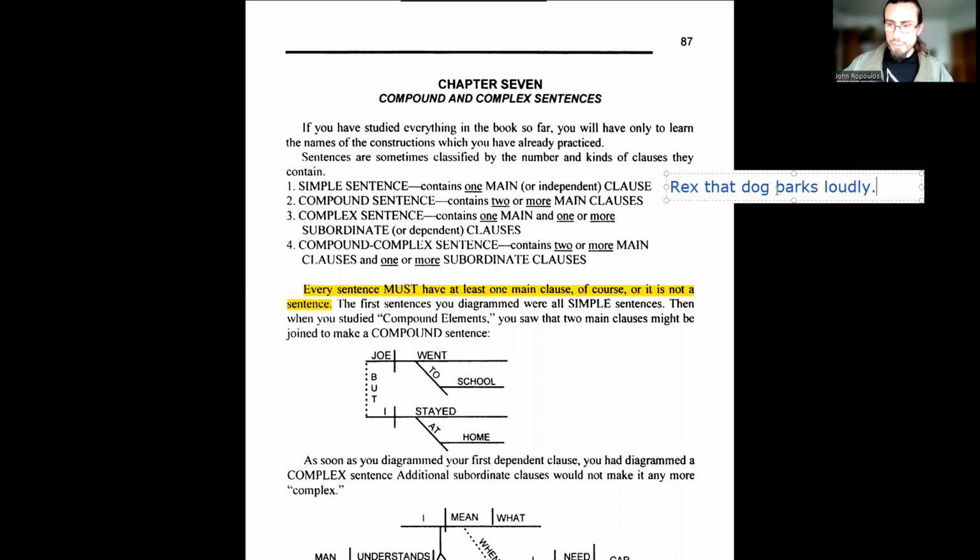Okay, we can also think of Rex barks when he's hungry. What kind of dependent clause is this? Rex barks when he's hungry, right? This is an independent clause with an adverb clause. Okay, we can also do it with a noun clause.